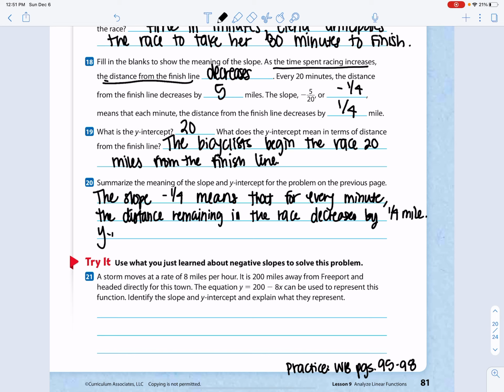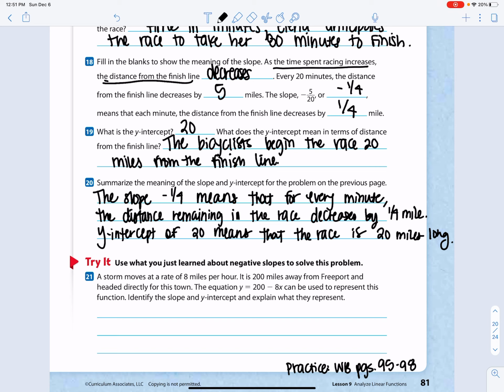The y-intercept of 20 means that the race is 20 miles long. Okay, great. Or 20 miles from the finish line.